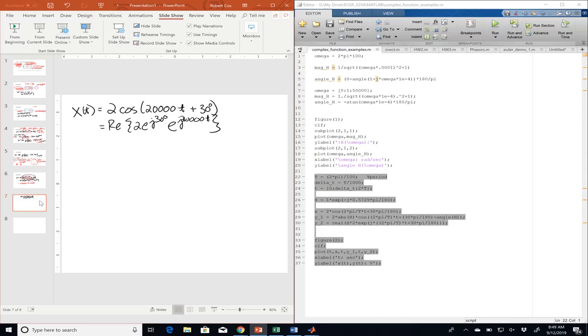as the frequency. That means that y of t is the real part of h1 of 20,000. So I evaluate that complex function now at a different frequency times 2, or write the 2 out in front, times e to the j 30 degrees times e to the j 20,000 t.